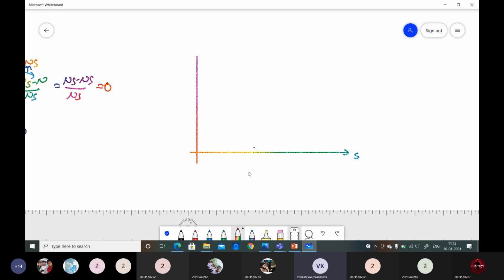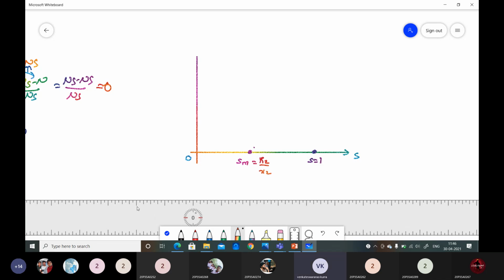So this is slip. This is 0 slip, and this one is slip S equal to 1, and this point is slip corresponding to maximum torque, Sm equal to R2 by X2.